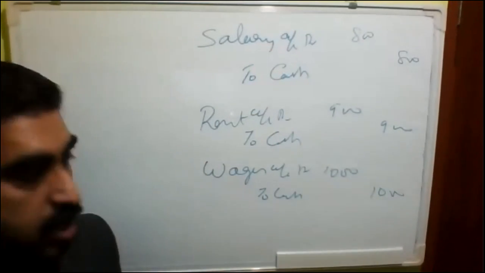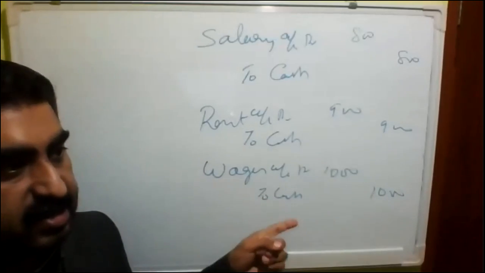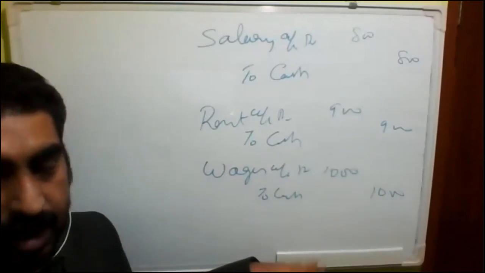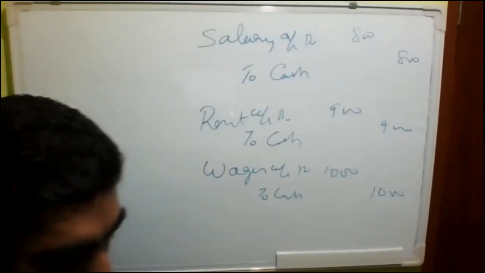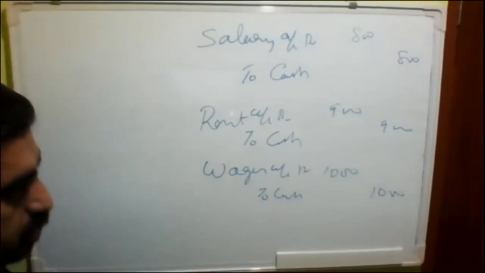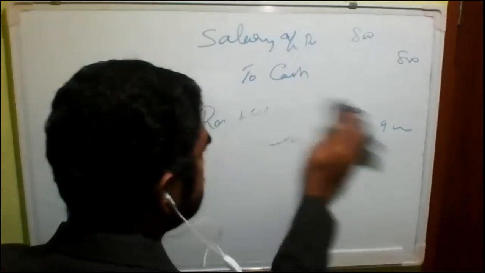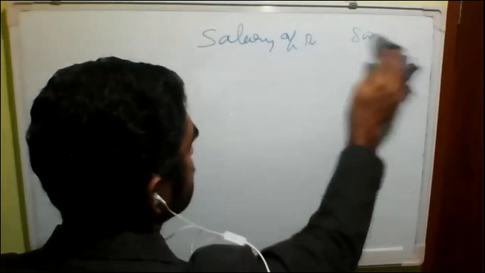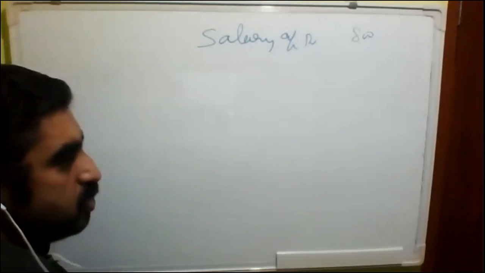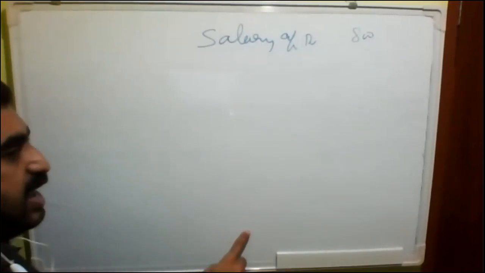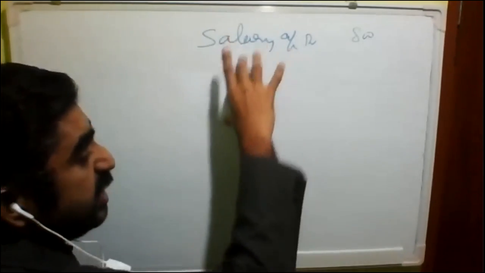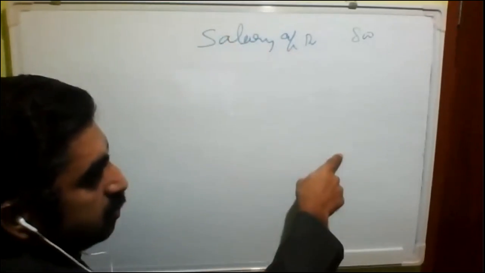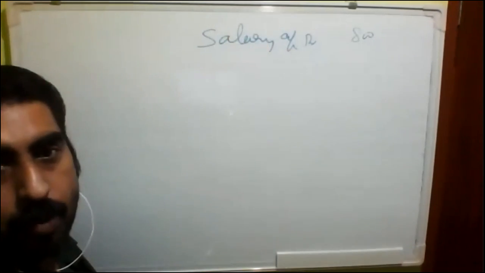So in order to reduce the time, even though the credit is the same, we will pass a compound journal entry. For the same credit, we will pass one entry with three debits and one credit. That is the compound journal entry.